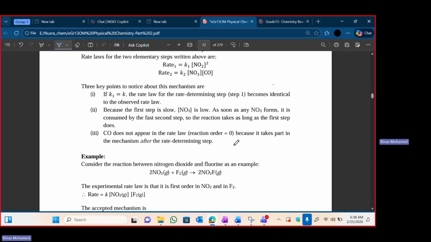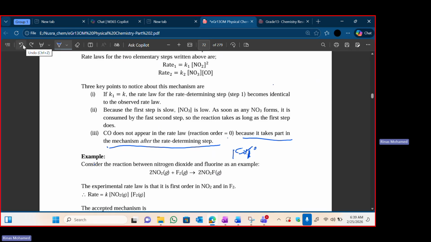This is also an important thing they have told you: the CO takes part in the reaction mechanism after the rate determining step. After the RDS finishes, only then CO comes into action, so the order with respect to CO gas is zero. Right? Did you understand?